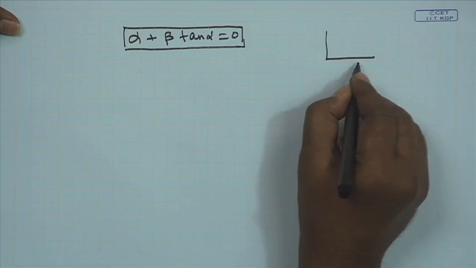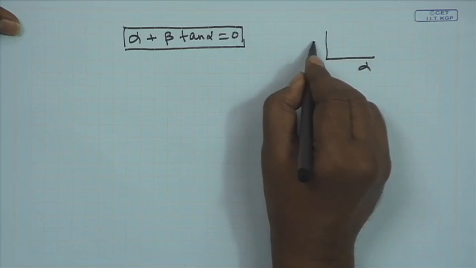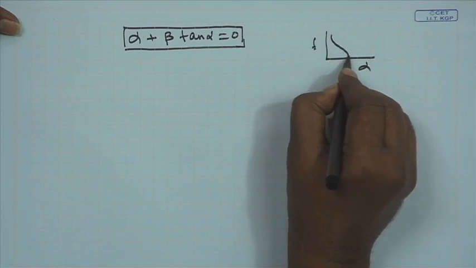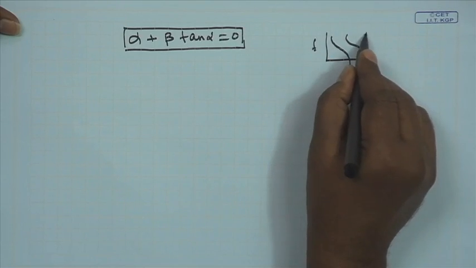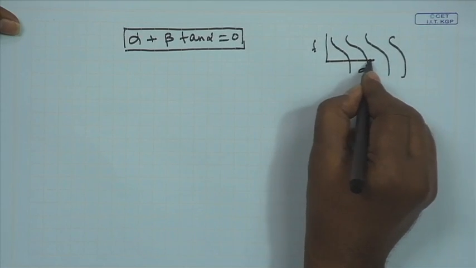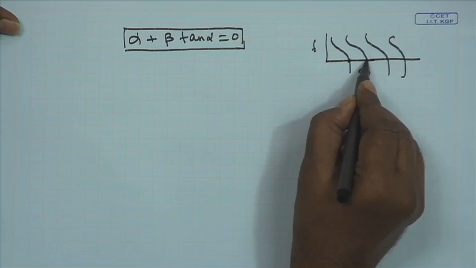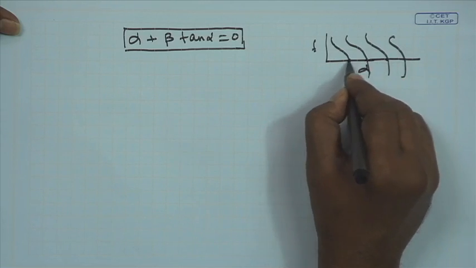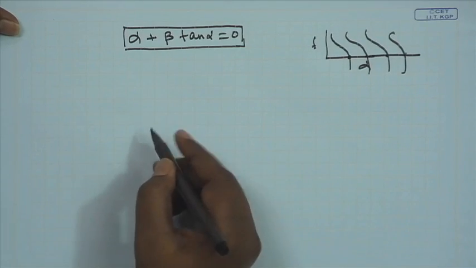Now, in this case we are not getting an explicit expression for the eigenvalues; we will be getting a transcendental equation. Roots of this transcendental equation will be the eigenvalues of this problem. If you plot this function as a function of alpha, there will be an infinite number of solutions where they cut the alpha axis. Each of these alphas will be the eigenvalues for this particular problem.